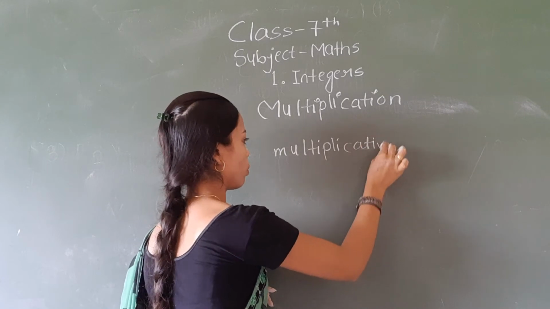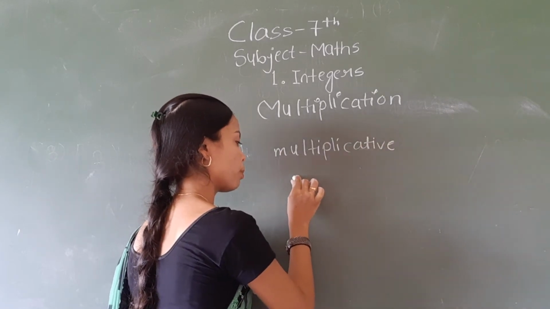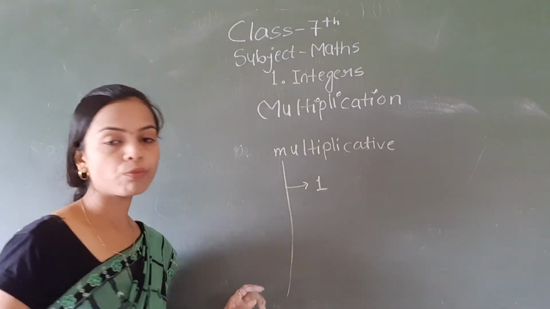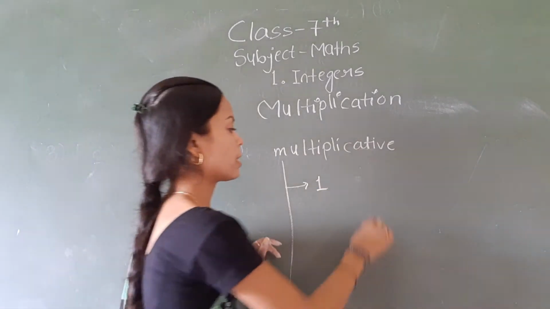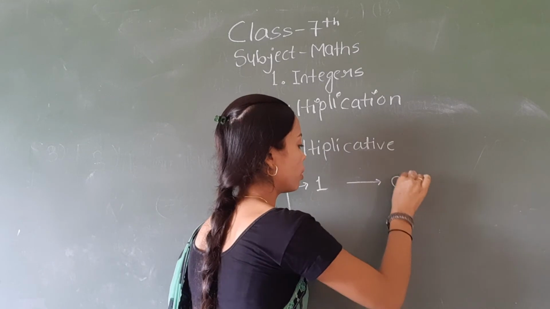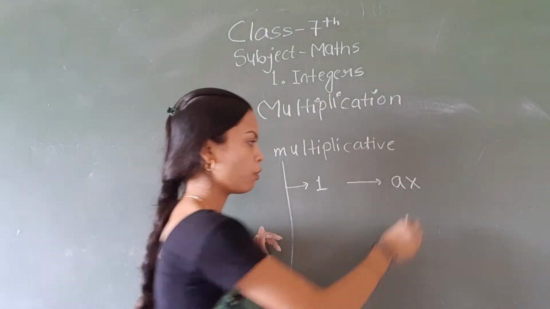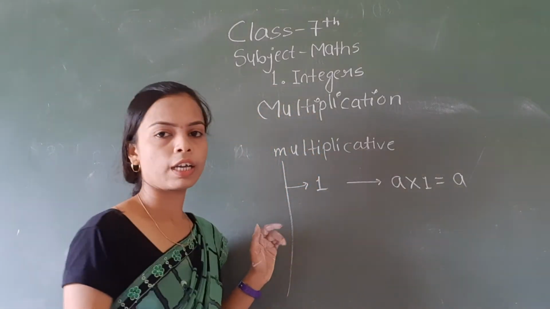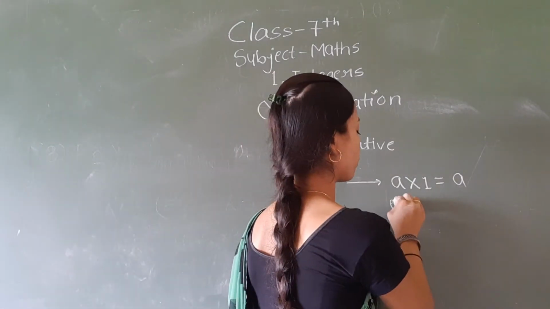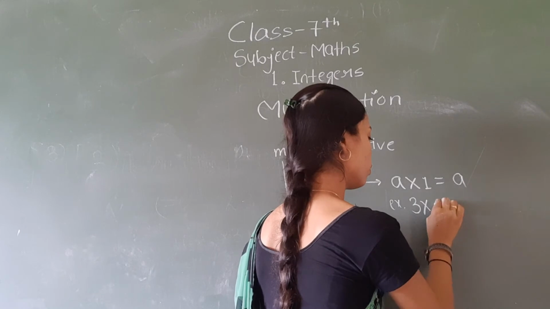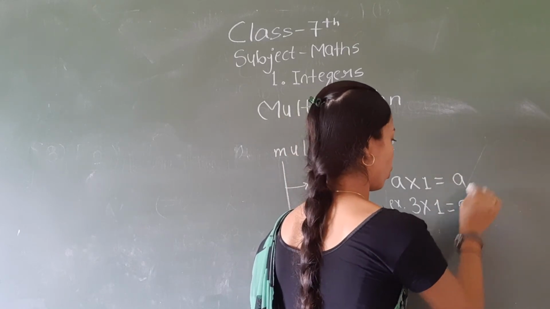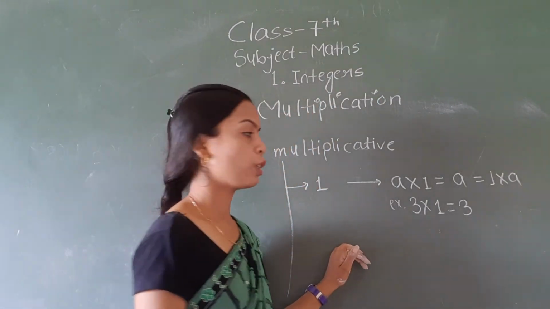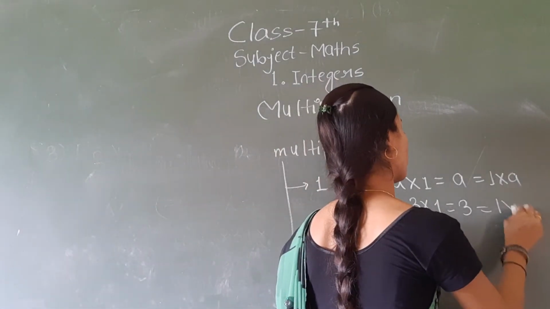Multiplicative property of 1: if you multiply any number with 1, your answer is again that number. Example, 3 into 1 is 3. Or you can write it as 1 into a, that is 1 into 3 also.